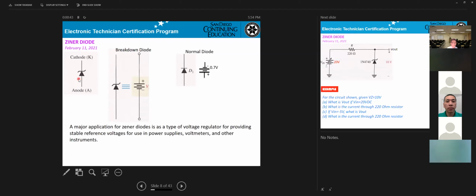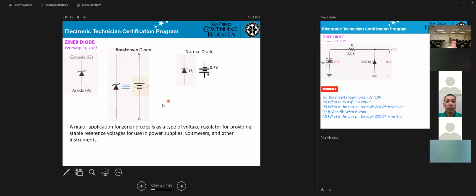The Zener can be working at the breakdown, or they can be working like normal. The key point is when they're working at breakdown, you're not using this symbol. You must substitute it by the battery, positive on this side and negative on the other.